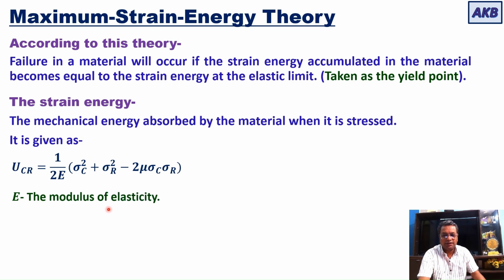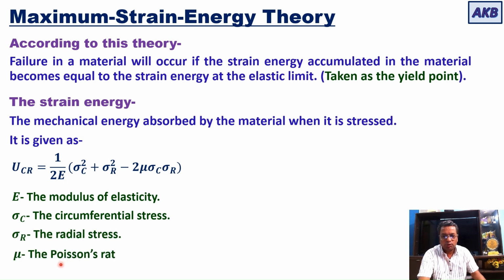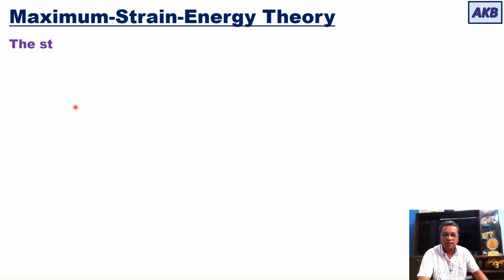In this case, E is the modulus of elasticity, sigma C is the circumferential stress, sigma R is the radial stress, and mu is the Poisson's ratio. If you want to know more about them, I have discussed them in my earlier videos. Please watch those videos.